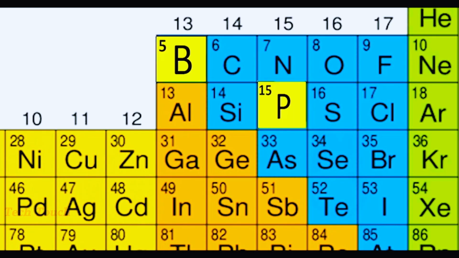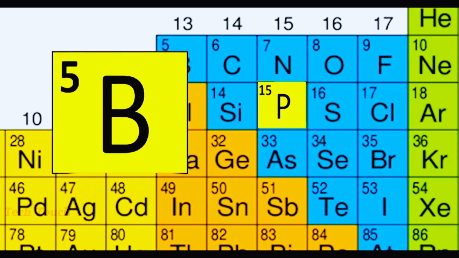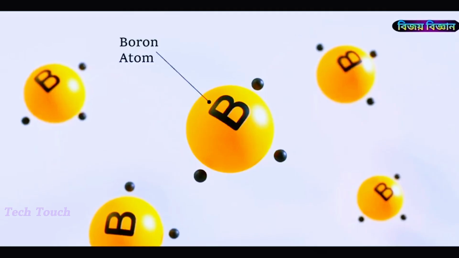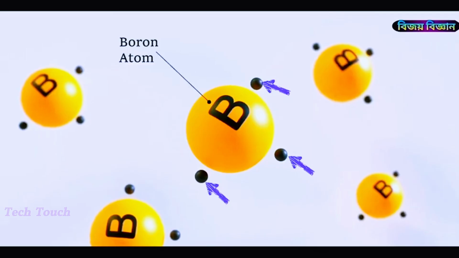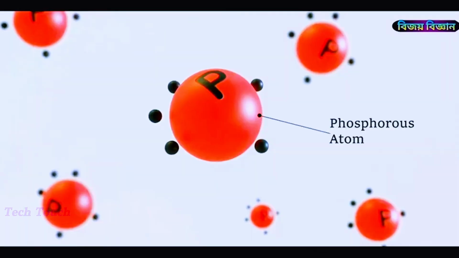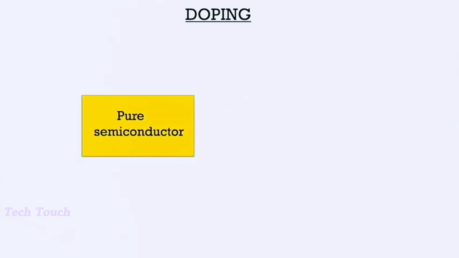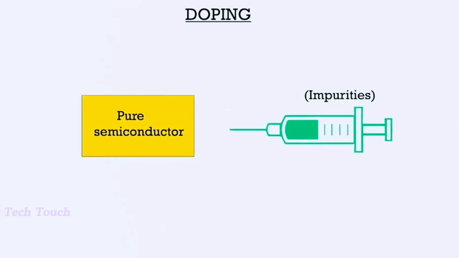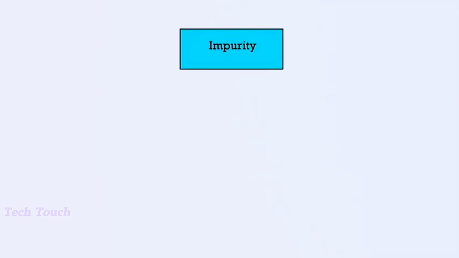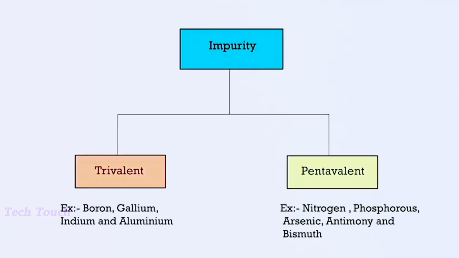Boron has 5 electrons and phosphorus has 15. From the electron configuration, we can see that boron has 3 electrons in its outermost shell and phosphorus has 5 electrons. Now, by adding a certain amount of boron and phosphorus to pure silicon through the doping process, it can be made conductive. Let's now analyze the situation after mixing.